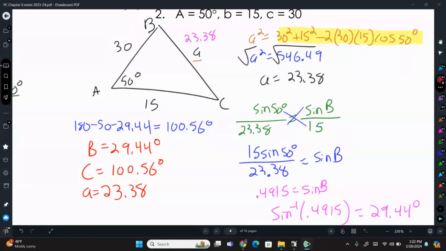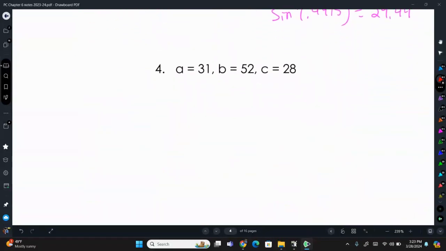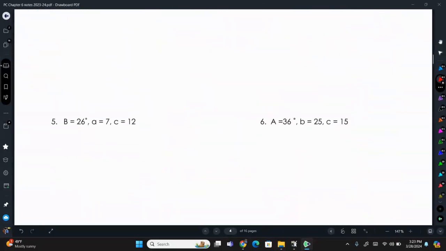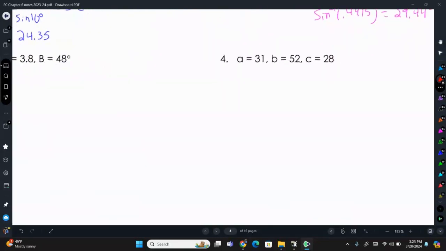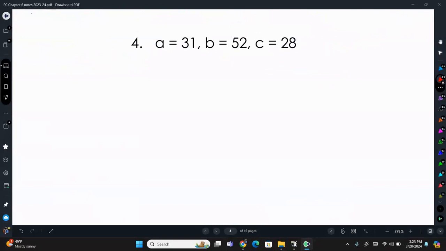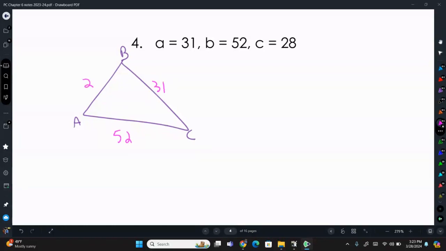go. All right, so I'm going to do example 4 next, and I'm going to have you try the other 3. Because example 4, we know just all 3 sides. A, B, C. And we know that this is 31, this is 52, and this is 28.